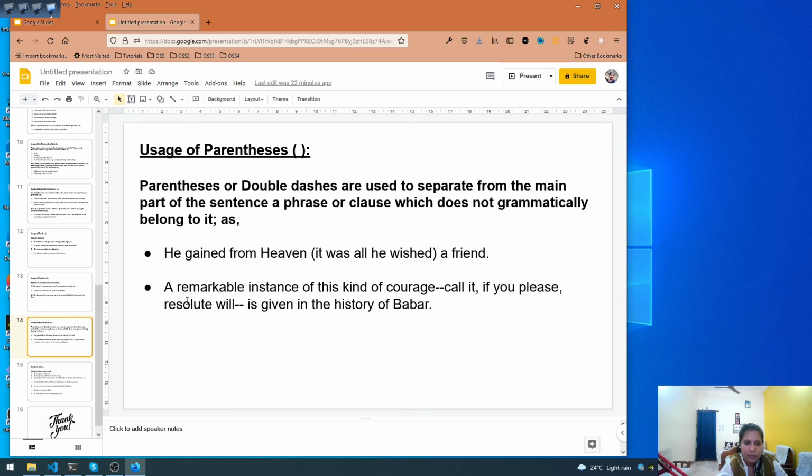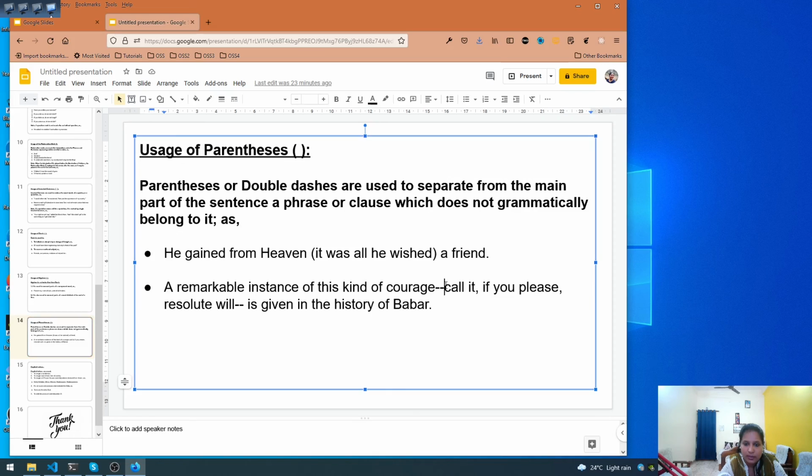And the next one: a remarkable instance of this kind of courage, call it, if you please, resolute will, is given in the history of Babur. So here double dashes mean that from here till here, this is inside the bracket.